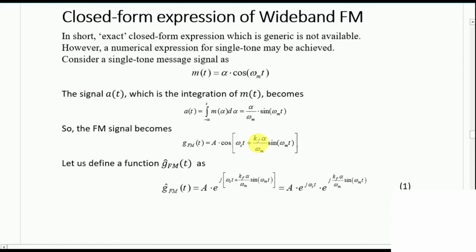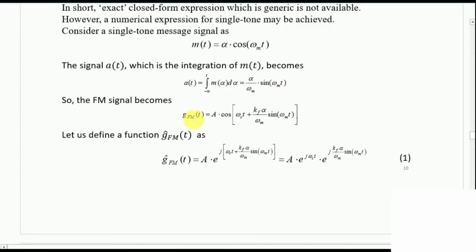Now again, we do not have an exact expression for g_FM of t. So what we do is we use an alternate function, coming from Euler's identity. Specifically, e^{j theta} becomes cos theta plus j sine theta. But if you take the real part of it, you would get cos theta. Thus, the j sine term would cancel out.